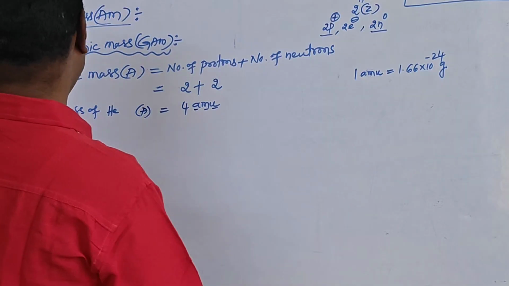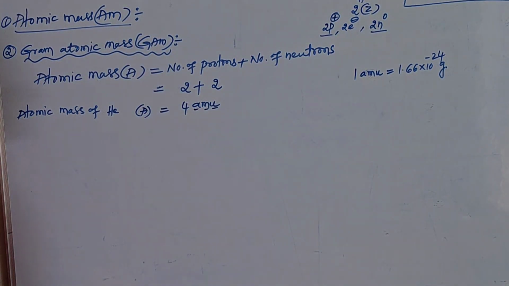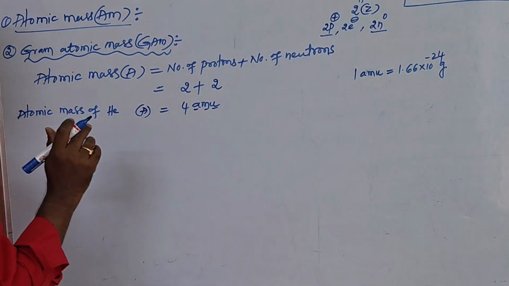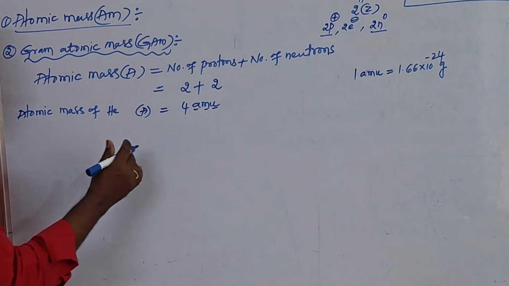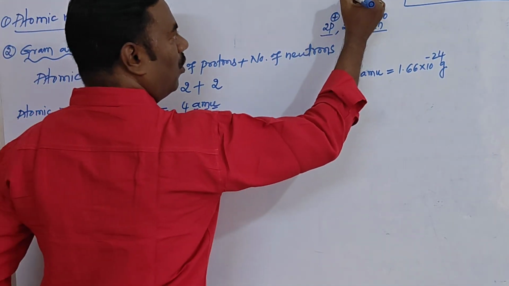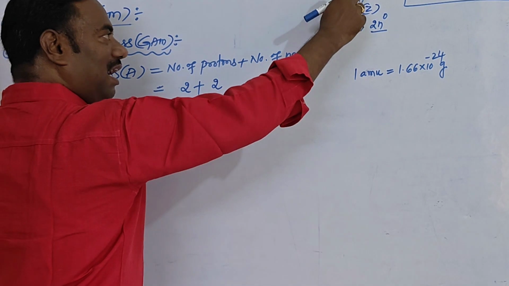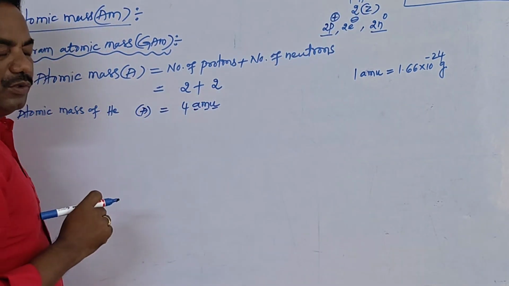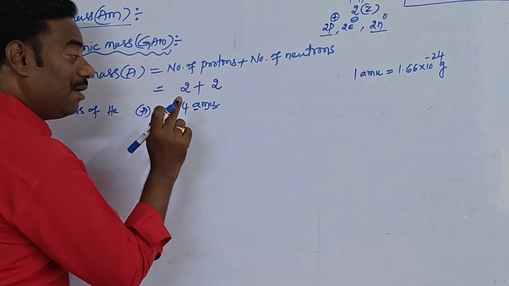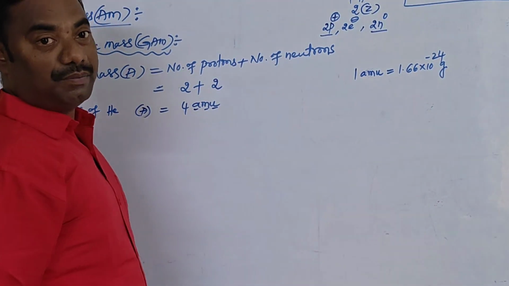Now I want to explain atomic mass and gram atomic mass. I know that 4 AMU is obtained from 1 helium atom. 1 helium atom mass is 4 AMU, or 4 AMU mass of helium contains 1 helium atom.